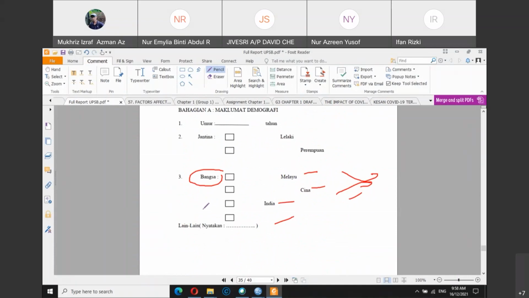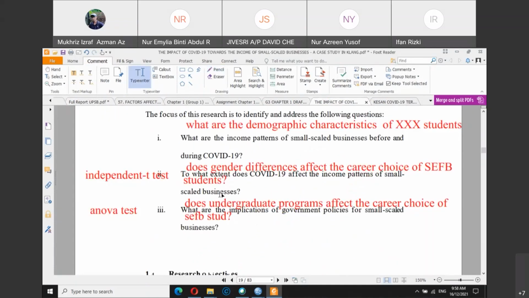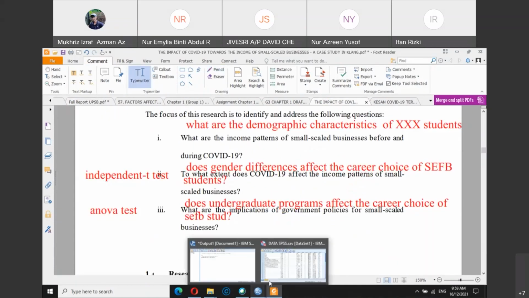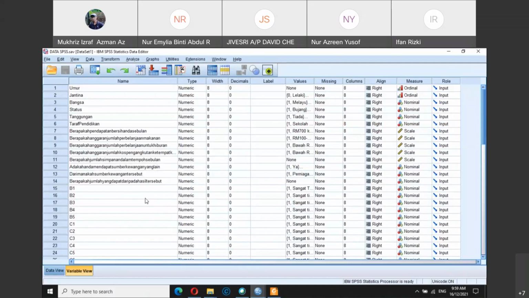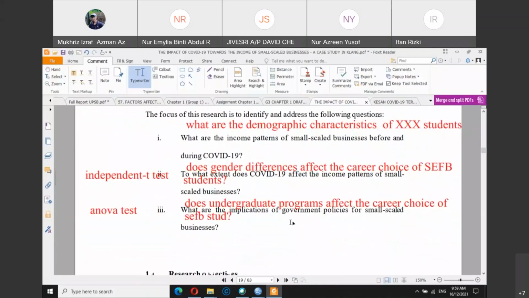If you want to apply ANOVA, at least there must be 3 groupings, so we can analyze using this data. We can use ANOVA for, for example, race or status, whether you are married, single or widow, or based on academic level, because there are more than 3 groupings of academic level, SPM, degree and so on.